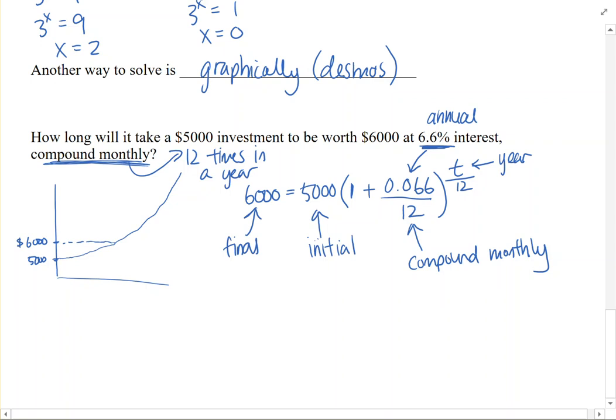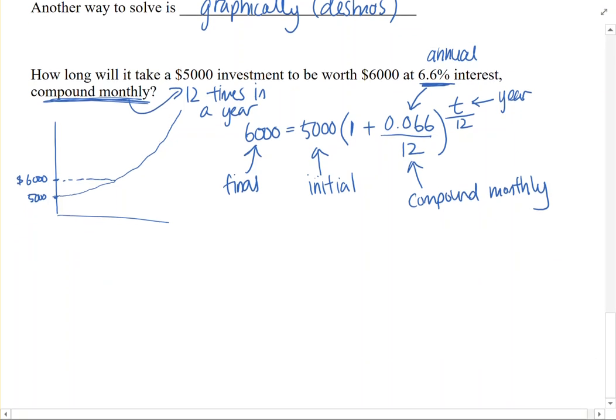Now that we've built our equation, we just need to solve for it. Since we haven't learned about logarithms yet, currently you will have to go with the guess and test method. But we can still simplify it before you start plugging in numbers. First we're going to move the 5,000 over, so we have 6,000 over 5,000. Okay, and 1 plus this number here.